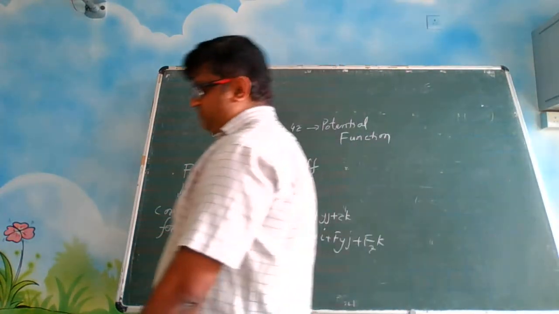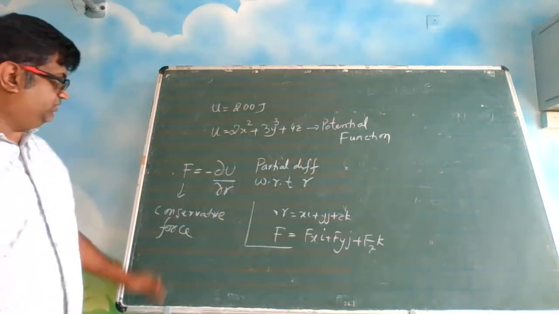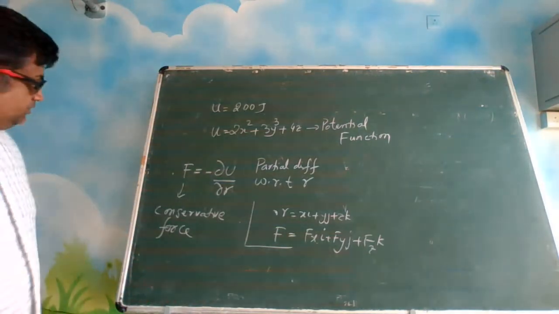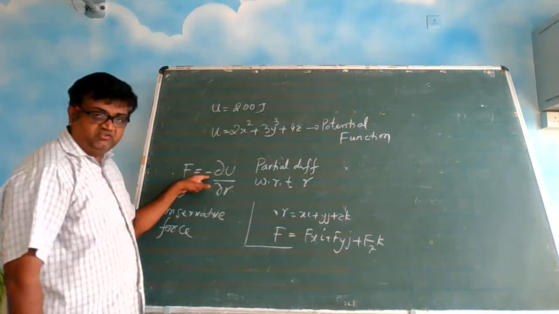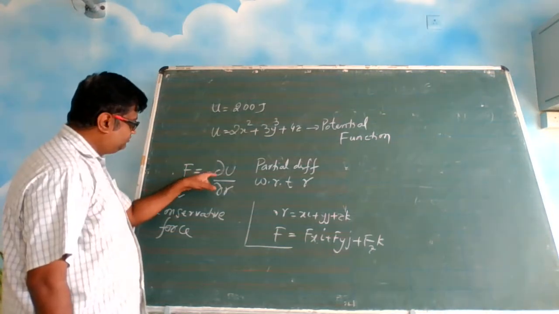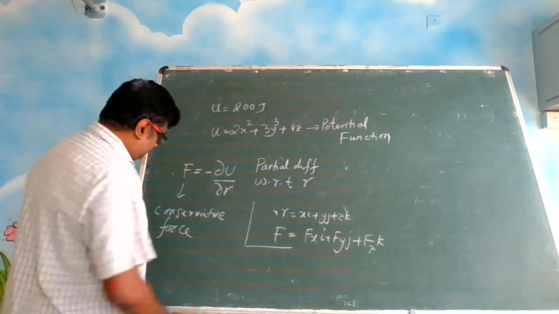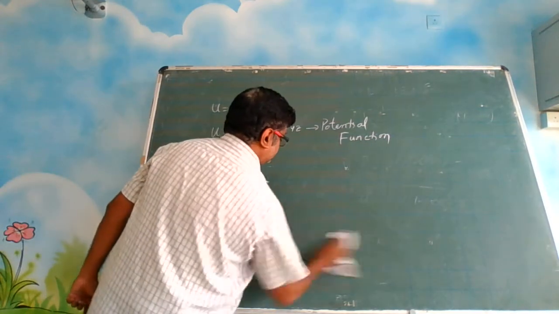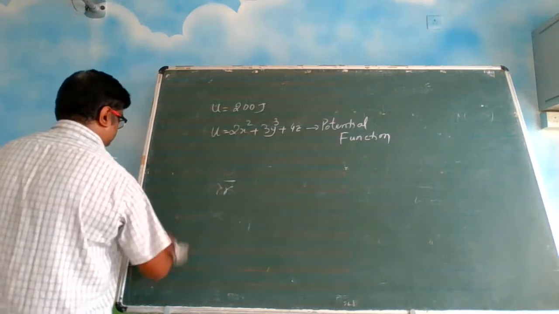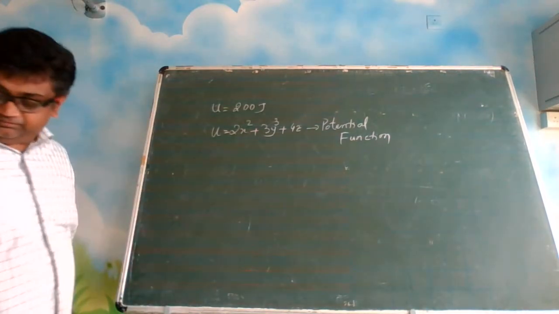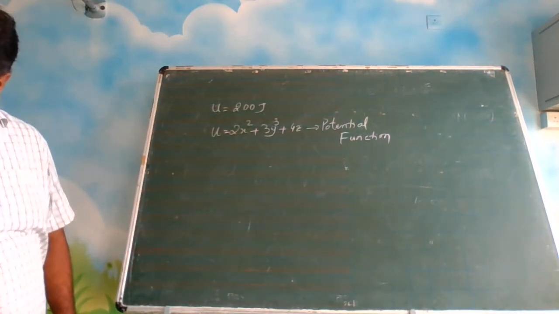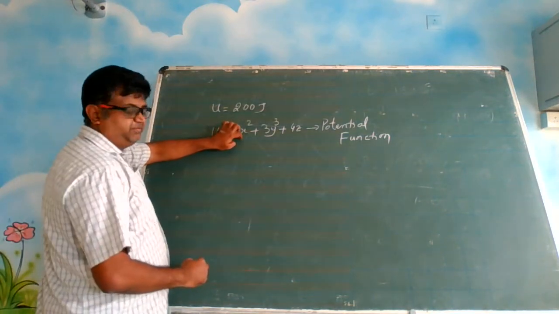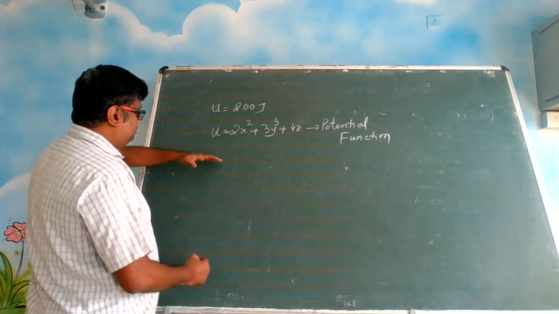So how to find this? Here we will see only the procedure part. Just make a screenshot. So don't forget to put this minus. F is equal to minus dou u by dou r. Okay, we'll just see the procedure. See, first what we have to do, we will differentiate this expression with respect to x.